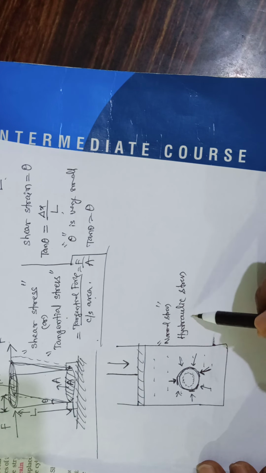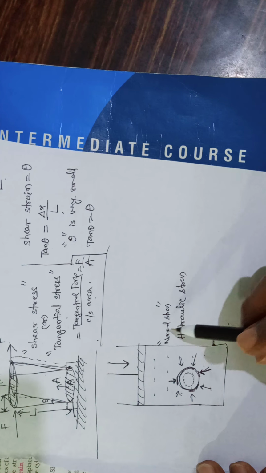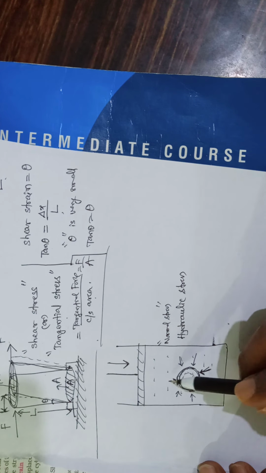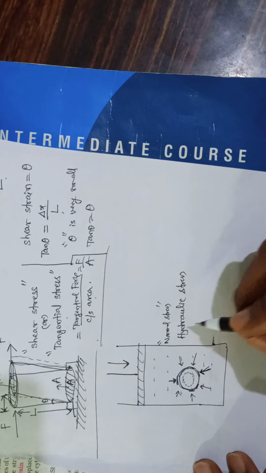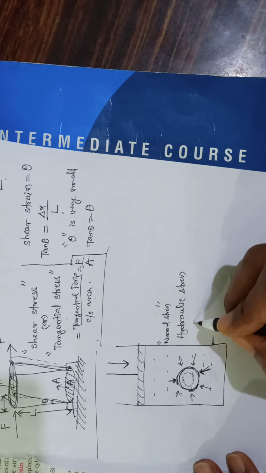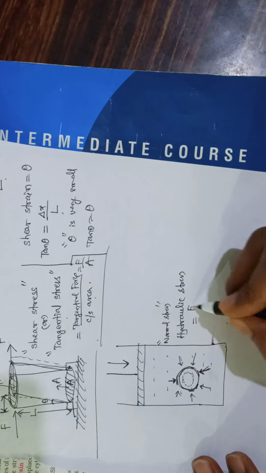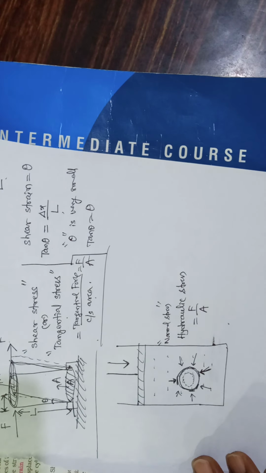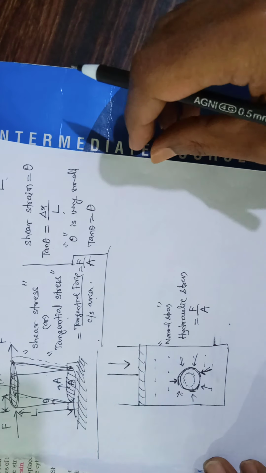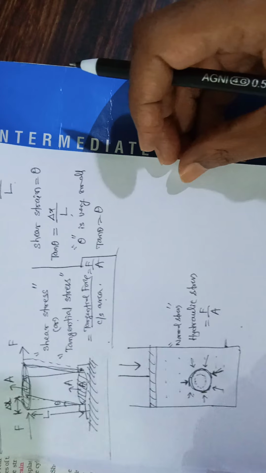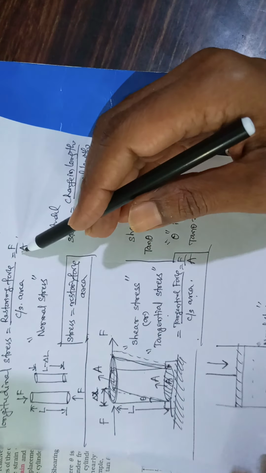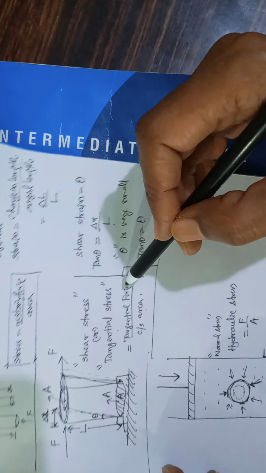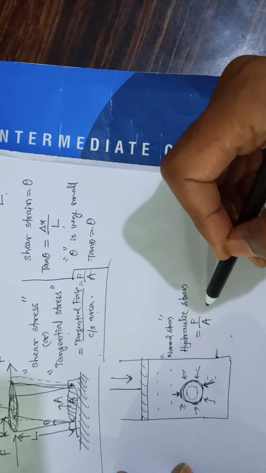Okay, and also this is a normal stress because at each point the force applied is perpendicular to the area. Then what is the formula here? Here also the formula is the same, force by area. So the formula is common whether it is longitudinal stress, shear stress, or hydraulic stress.